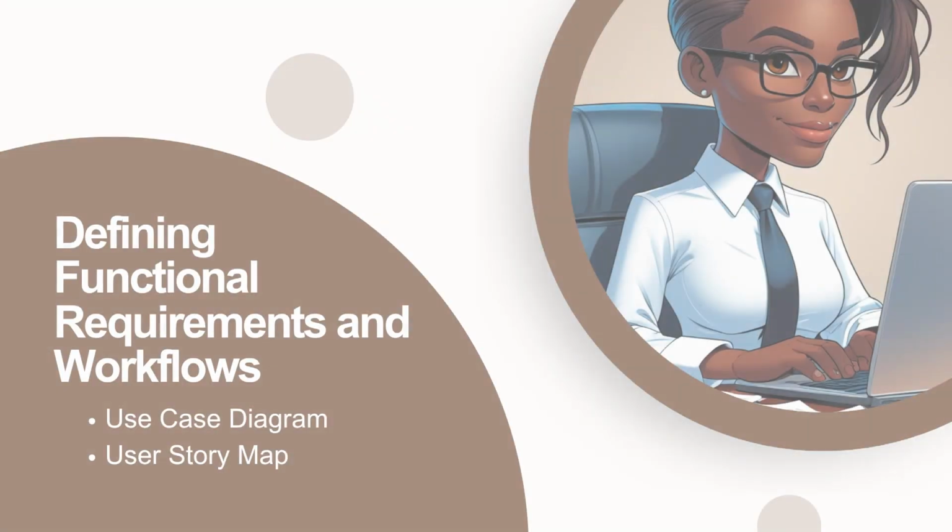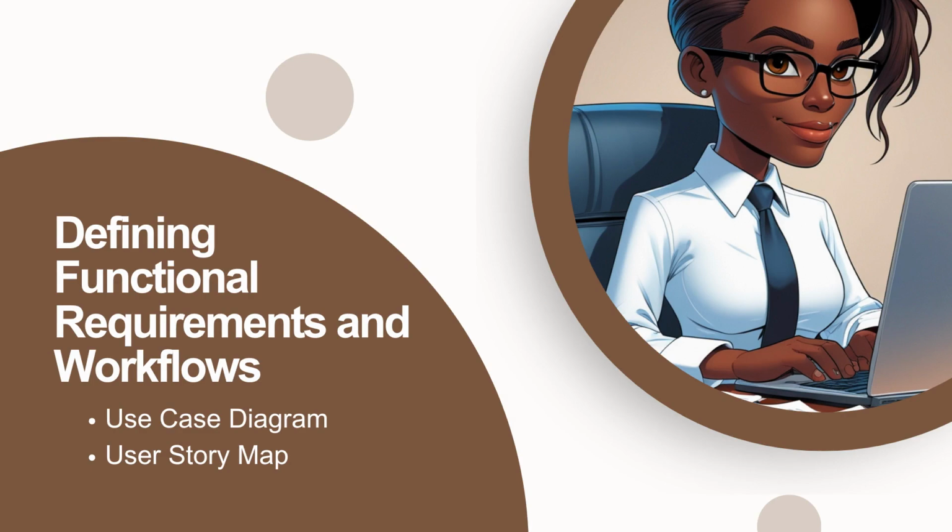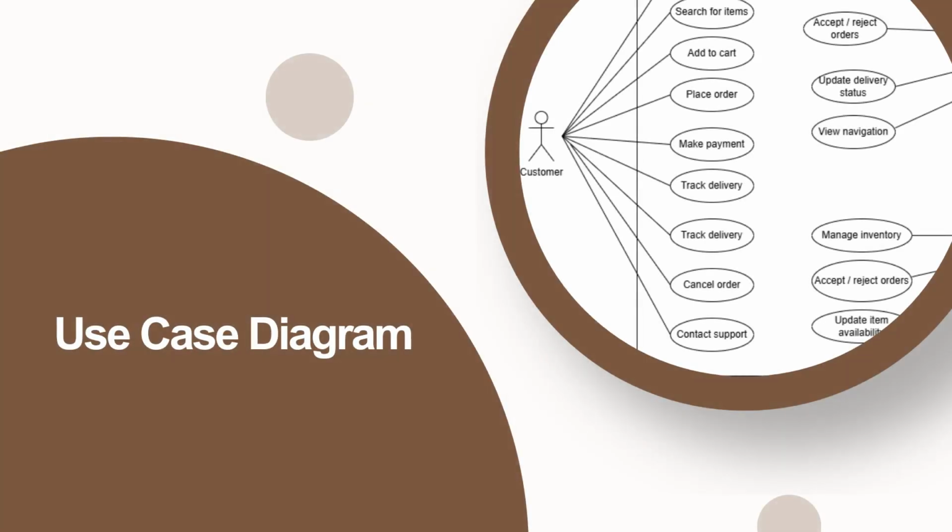Now let us consider a couple of diagrams that you would use to understand and to define your functional requirements. We will begin by looking at the use case diagram. The use case diagram is a diagram that helps you to identify and to state your actors, the use cases, and the relationships between them.